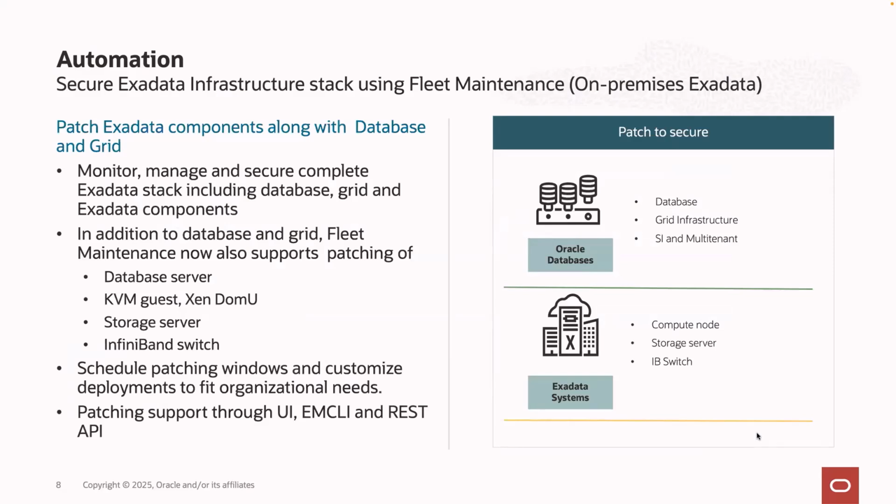It's using the same interface as the database and grid patching components, and it's possible to automate all your patching, monitoring, and secure compliance, and everything is set here. So the Exadata stack with the storage servers, KVM guests, and Sendom use storage servers, InfiniBand switches, and we will also add the Rocket switches very soon here.